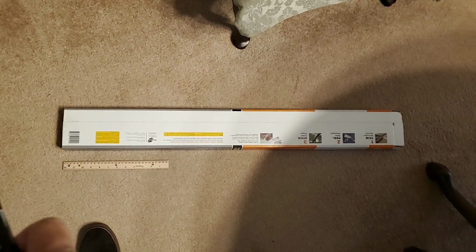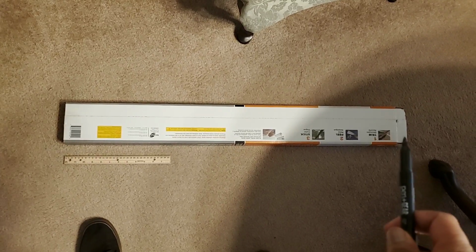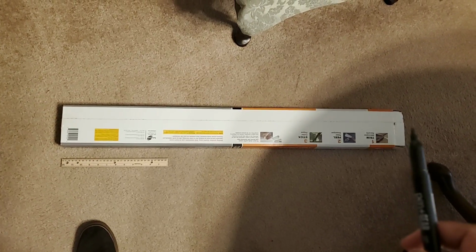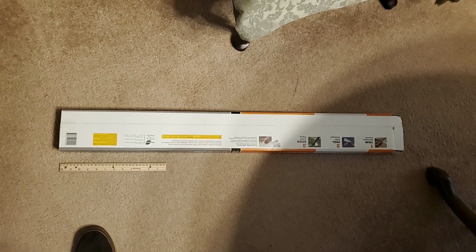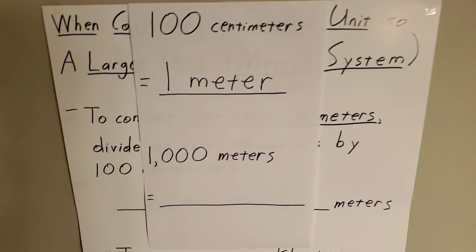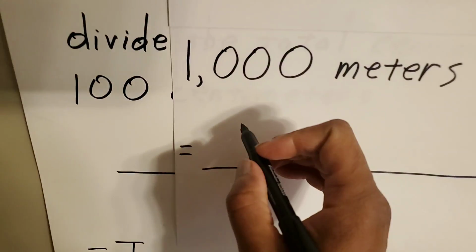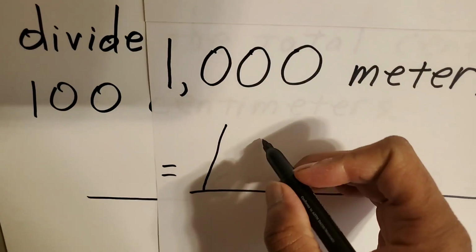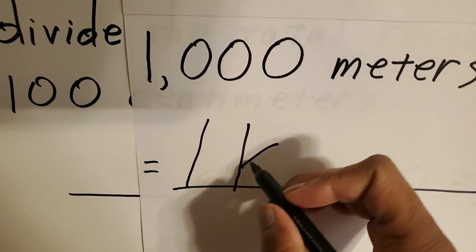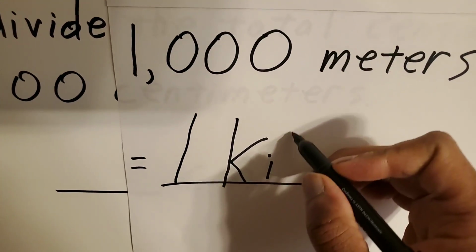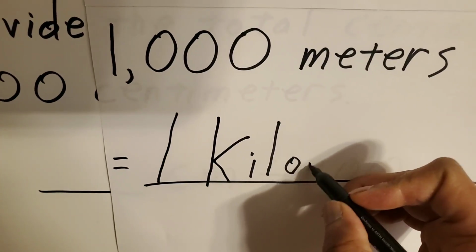Okay, let's go back to our board. But before we do, if I take 1,000 of these meters and stack them together in a line, I am going to have what's called a kilometer. Some may say kilometers, some may say kilometer. So let's go ahead and write that down.